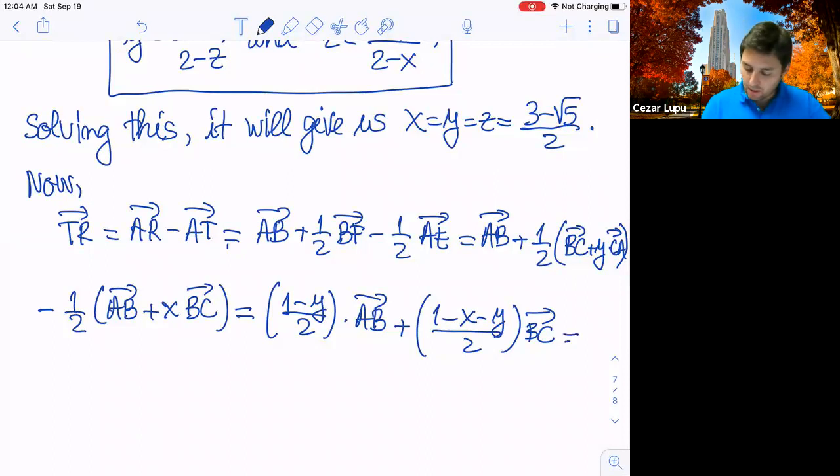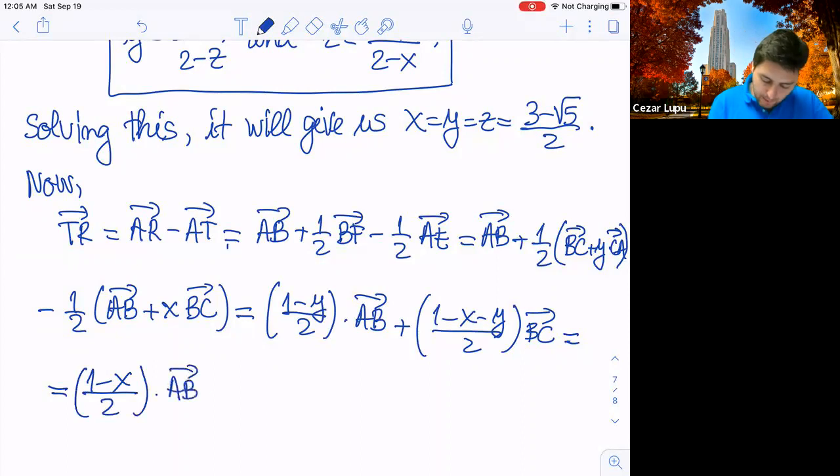Now we can keep going because we know that x and y are equal. So this will be equal to (1 minus x over 2) times AB vector plus ((1 minus 2x) over 2) times BC vector.